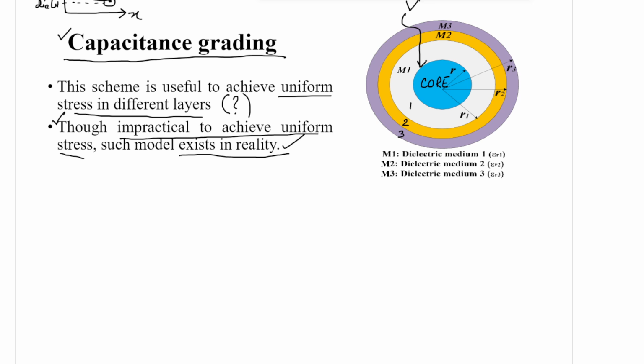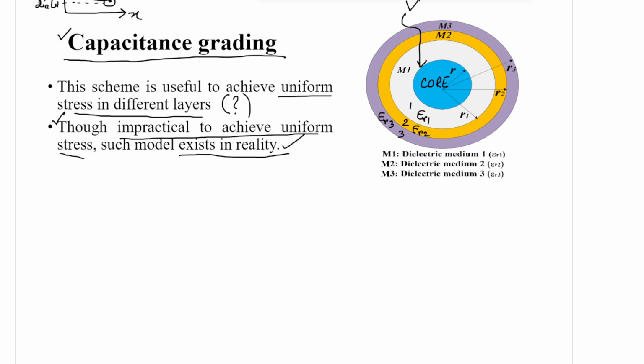Let us say this white region is dielectric one having relative permittivity epsilon R1. The yellow region is another medium having relative permittivity epsilon R2. And this gray region is the third dielectric medium having permittivity epsilon R3.